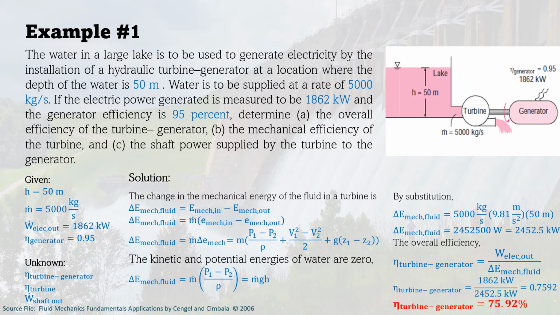It means that the remaining 24% is converted to other forms of energy that are not useful at all. So they are losses already. That's what we mean by the turbine generator efficiency.